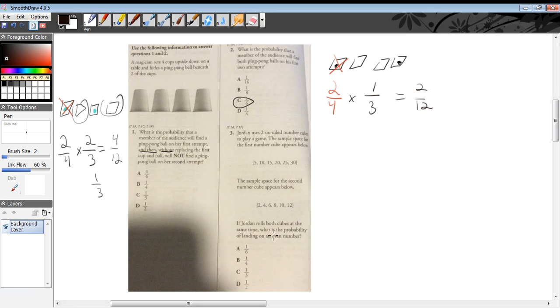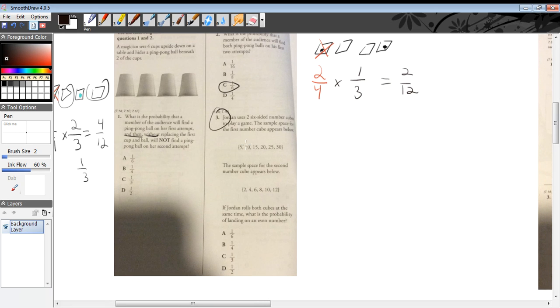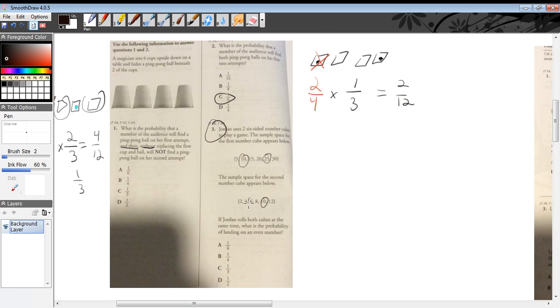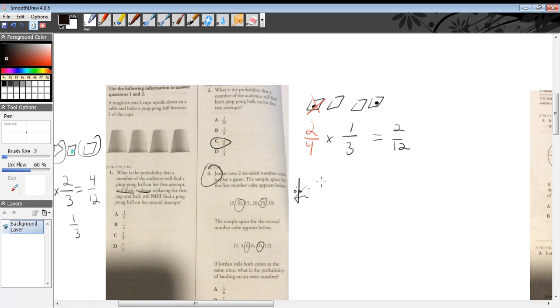If Jordan rolls both cubes at the same time, what's the probability of landing on an even number? I'm going to come back to this one. I'm sorry. I don't know if they want us to add all of these together, or if we land on a 10 and 10, then that would work. Or what about this? If I landed on a 25 and a 6, I'm still landing on an even number. Let me come back to this one. My apologies.